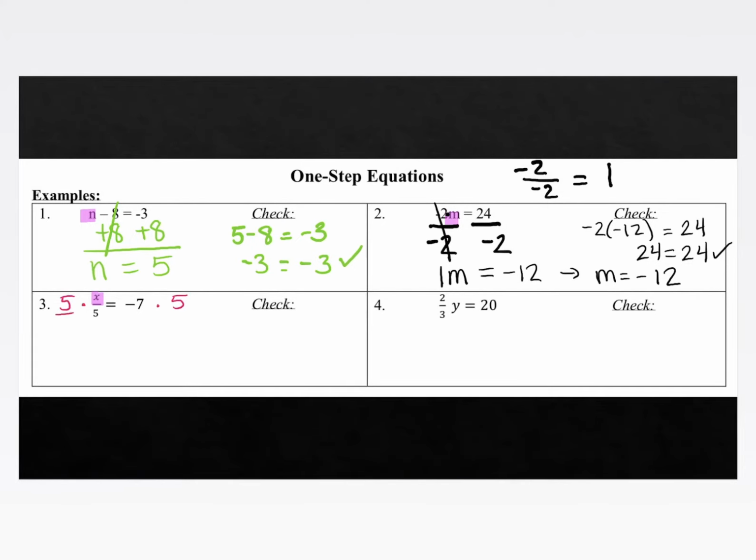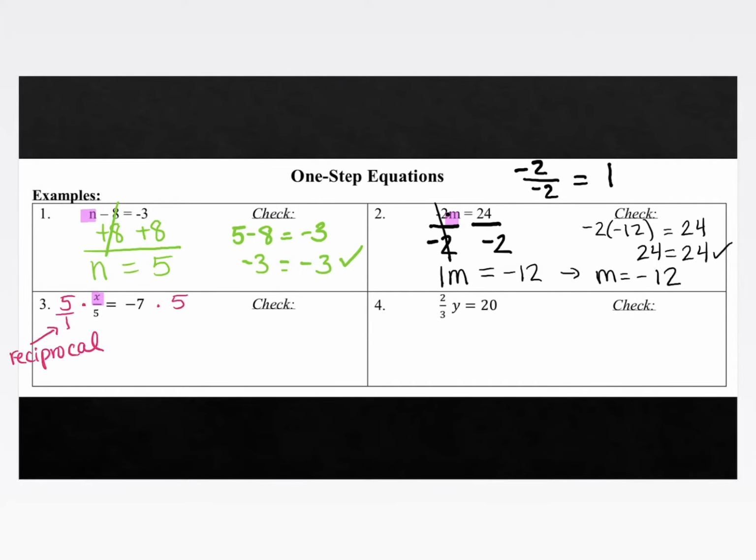Now this is really 5 over 1, the reciprocal of 1 over 5. When we're adding, subtracting, multiplying, or dividing with the inverses, they will cancel out.